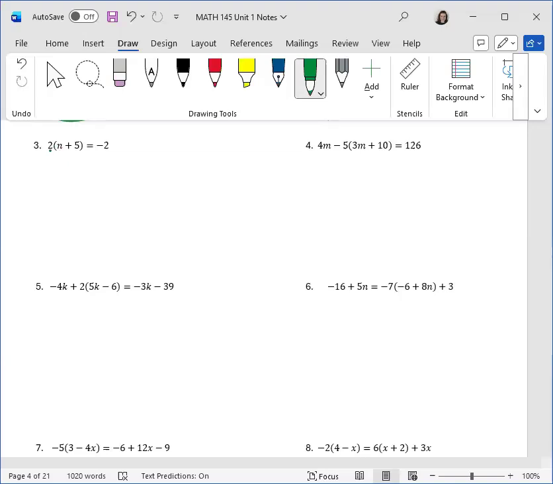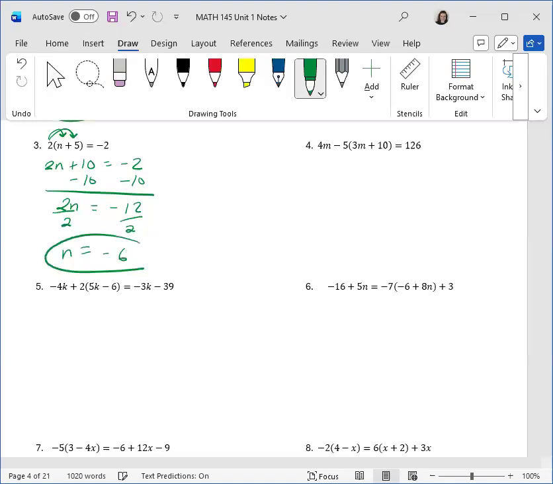So I'm going to multiply 2 times this whole expression or distribute the 2. So 2 times n is 2n, and 2 times 5 is 10. So now the parentheses are gone and I don't have to worry about it. I'm going to subtract 10 to get rid of that addition. So we get 2n is equal to negative 12. And dividing both sides by 2, we get our solution, n equals negative 6.